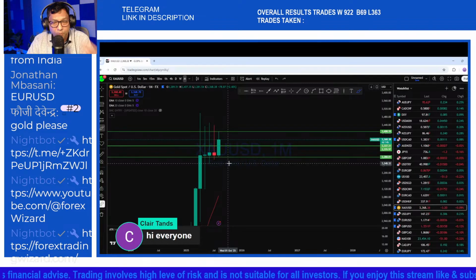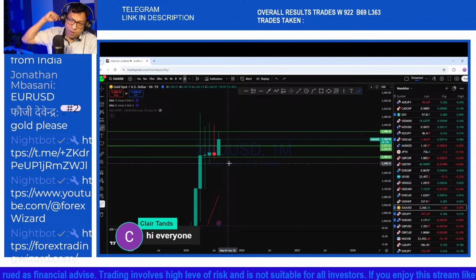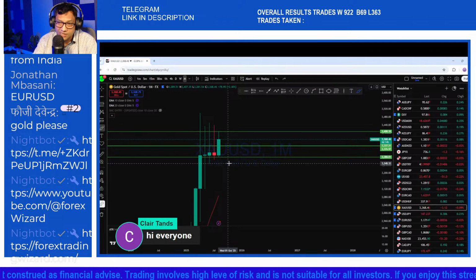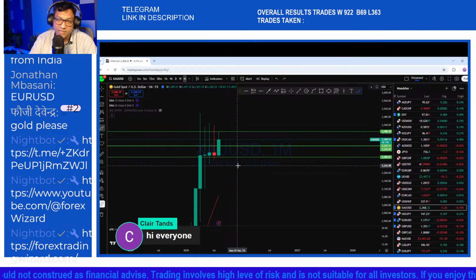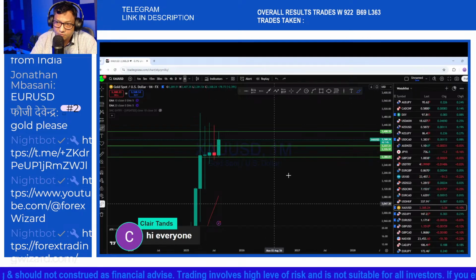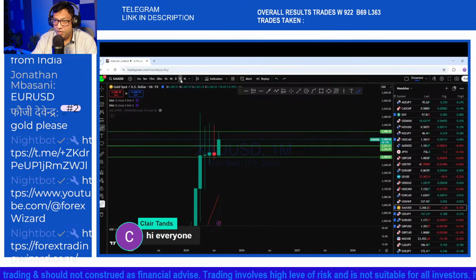So when we apply that principle, we can see that the probability for the market now to go back to the high is higher than coming back to the low. So from the monthly, we can see the market is potentially bullish.